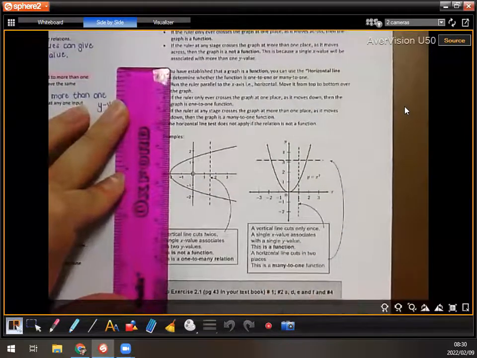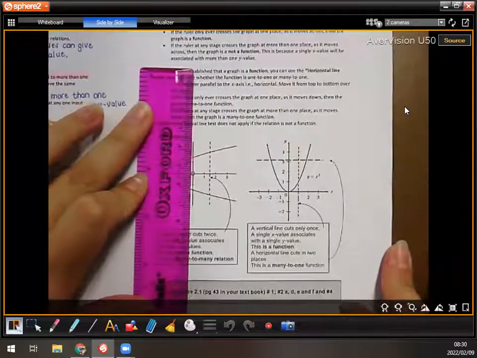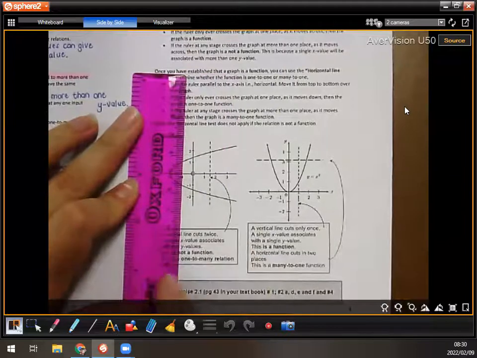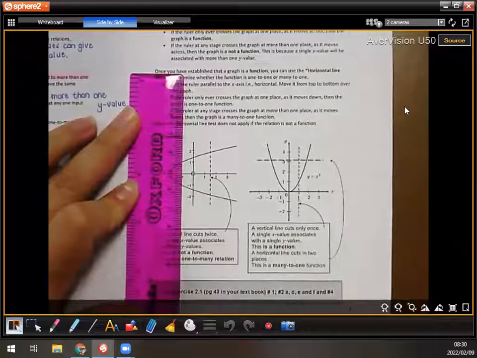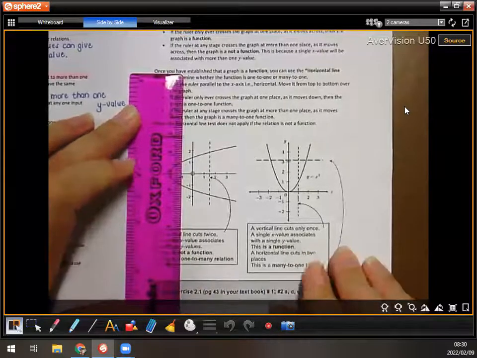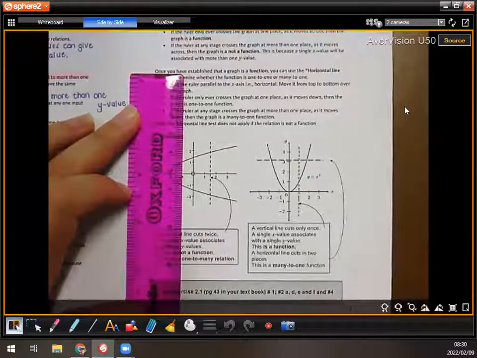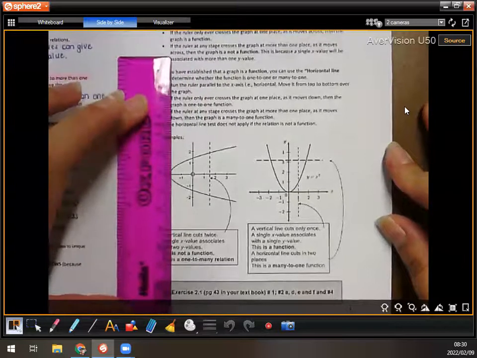If we're looking at this one here at the bottom, right? The ruler actually represents an x value, okay? Because we're moving it across the x-axis. And if this ruler cuts the graph twice, that means that for one x value, we have two y values. Right? Does that make sense? So for the vertical line test, we use that to decide whether something is a function or not. So we move it, obviously vertical, so it has to be vertical, right?